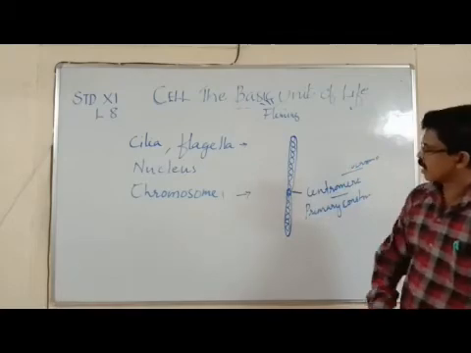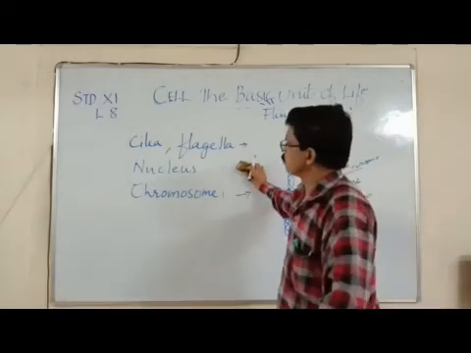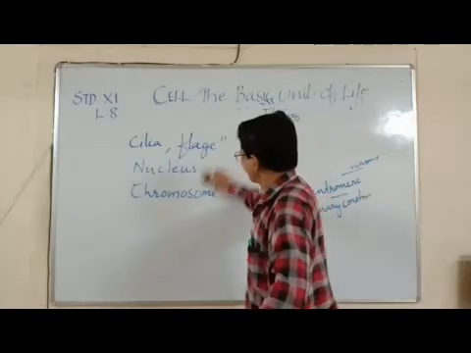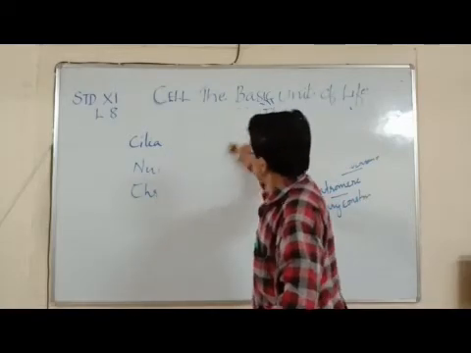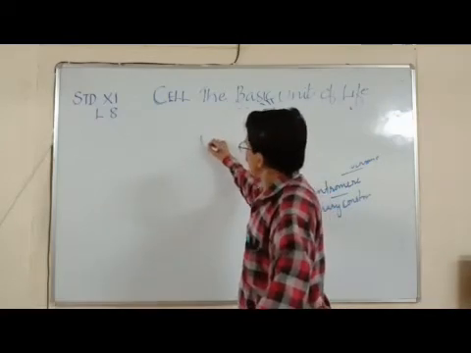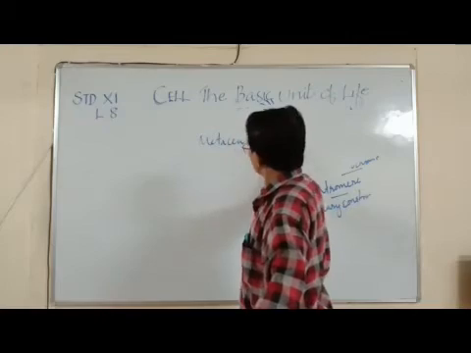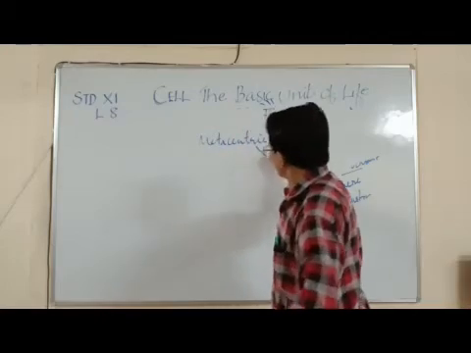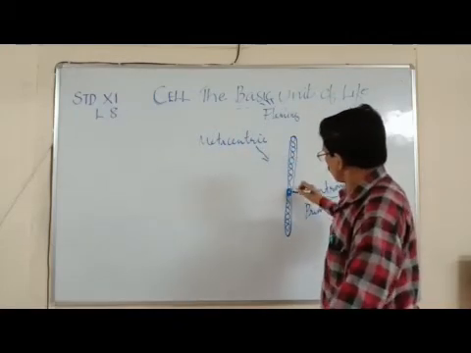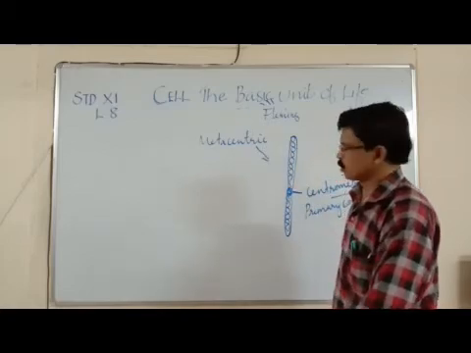There are four types of chromosomes. You can say, metacentric chromosome. In a metacentric chromosome, the centromere or the kinetochore is around the center of the chromosome.